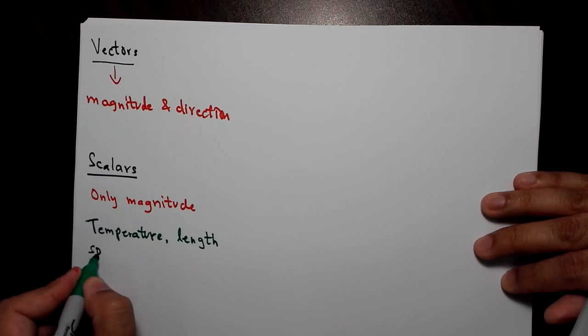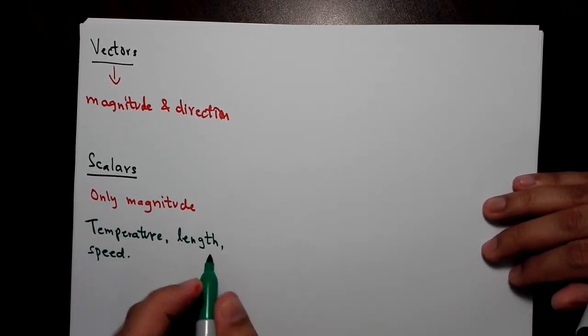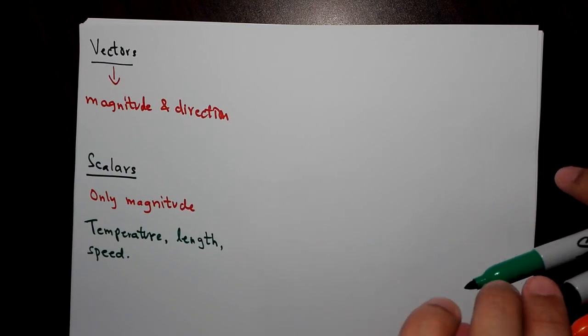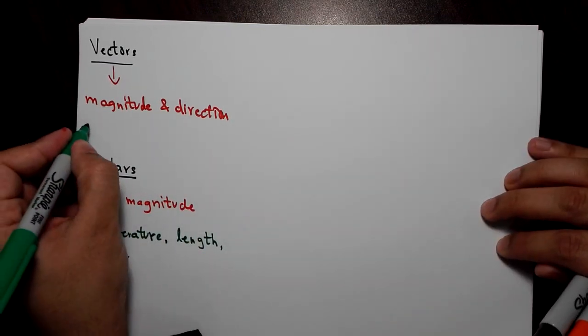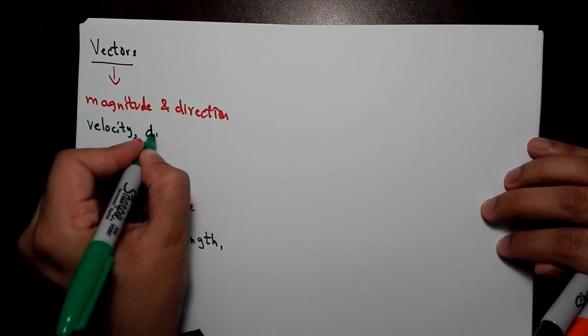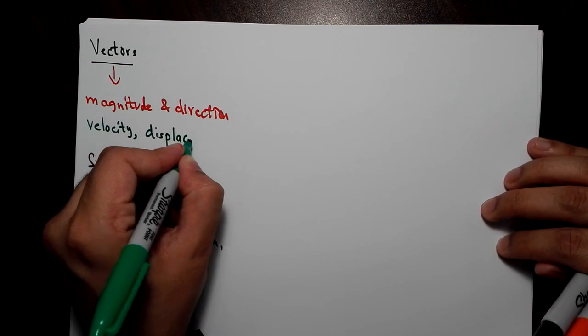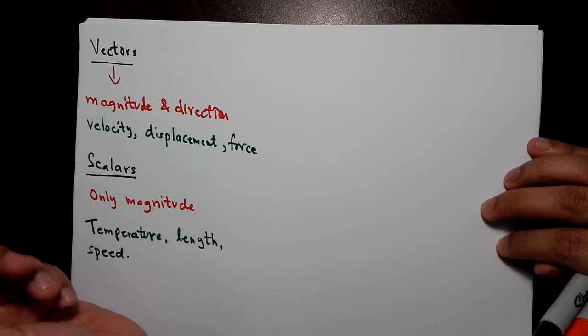Another example is speed, okay? That's also a scalar quantity in physics. Examples of vectors include velocity, displacement, force. Okay, so these are examples of vector quantities.